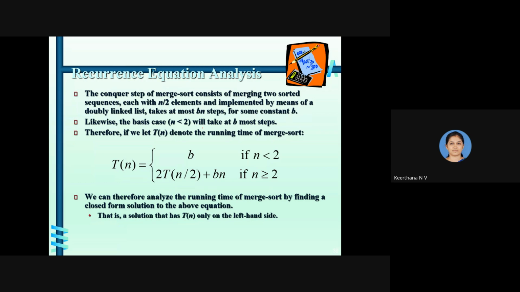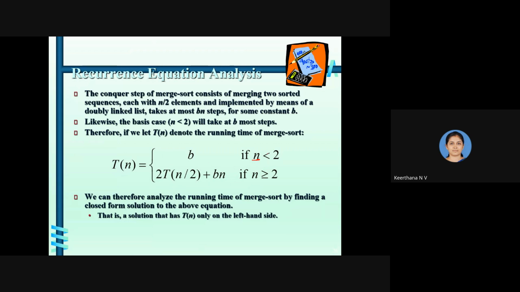So these are the types of data structures in which you store the solutions. In the recurrence equation analysis, here in the basics, you will be considering n. n is your total number of numbers you are taking for sorting.